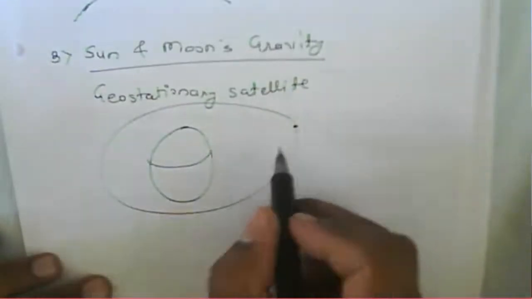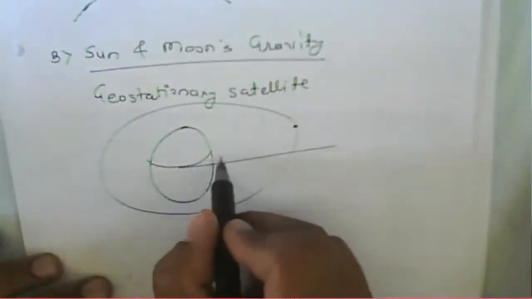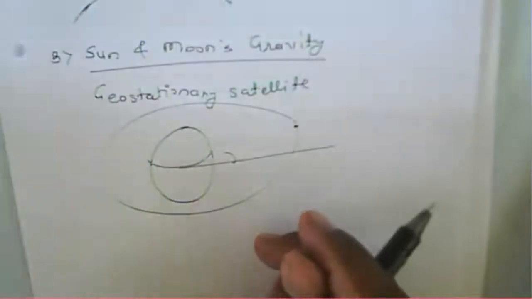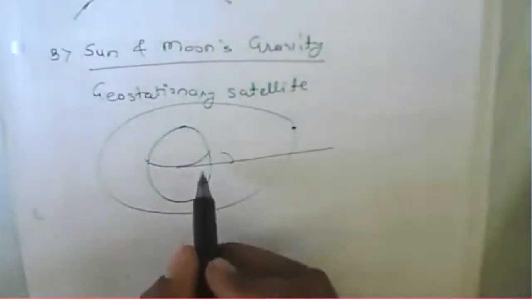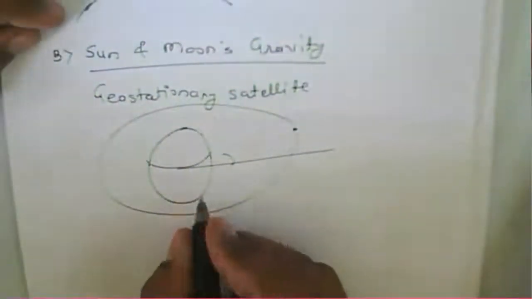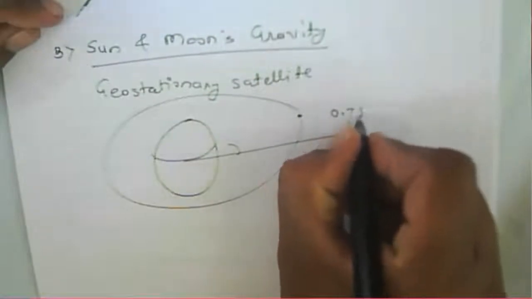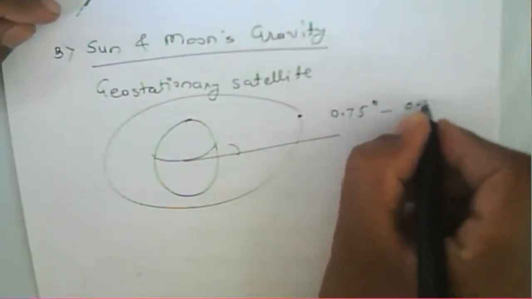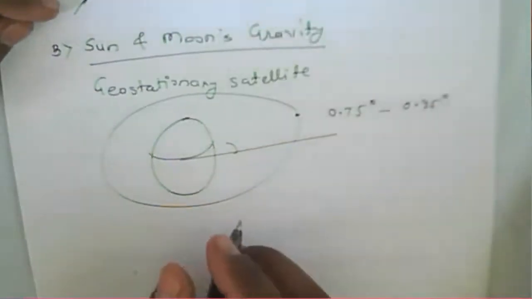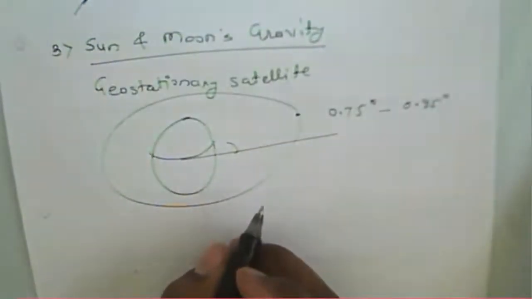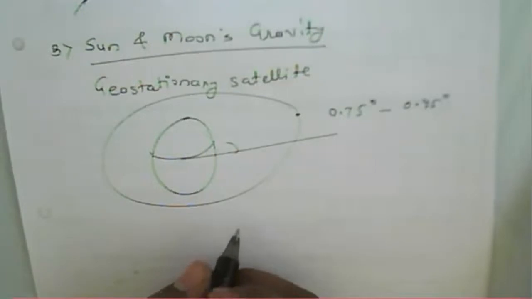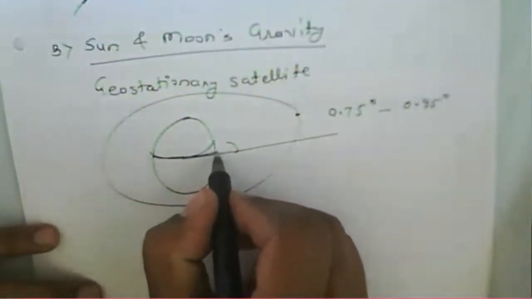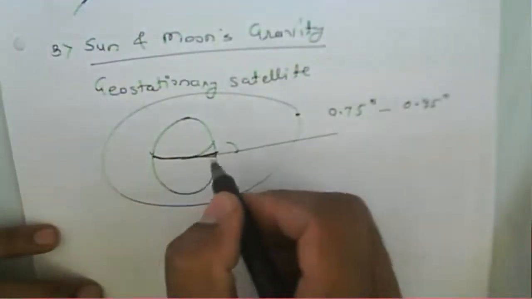Small changes in the inclination. So we generally consider the orbit of the satellite, and there may be a small inclination. That inclination is about 0.75 degree, or we can say 0.95 degree max.